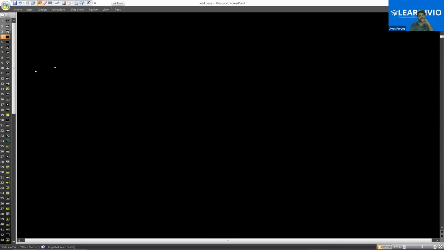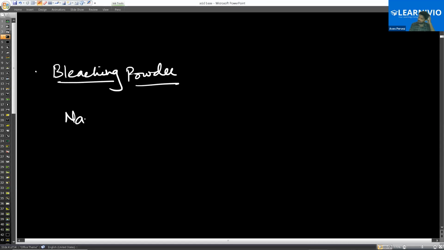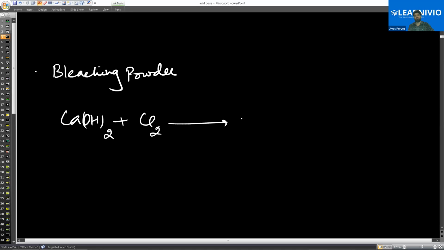Here the next one, after caustic soda, is bleaching powder. How can we prepare bleaching powder? Bleaching powder can be prepared by passing chlorine gas to slaked lime or calcium hydroxide. So when you pass chlorine gas to slaked lime, we can prepare CaOCl2.